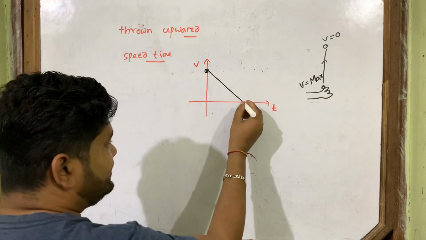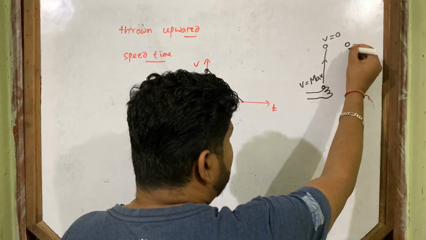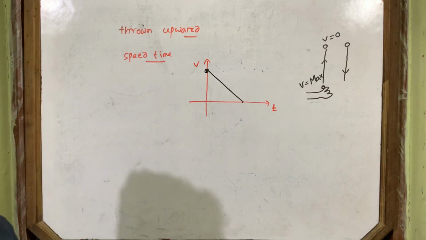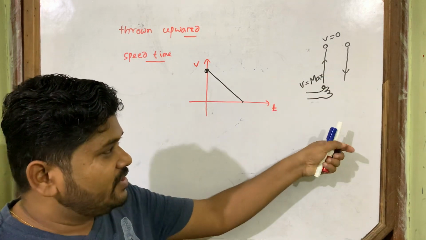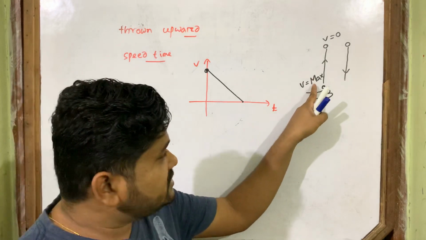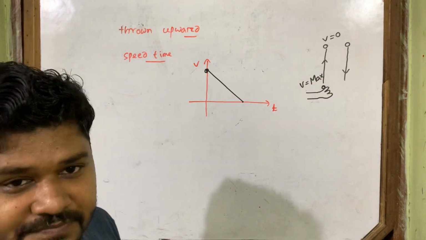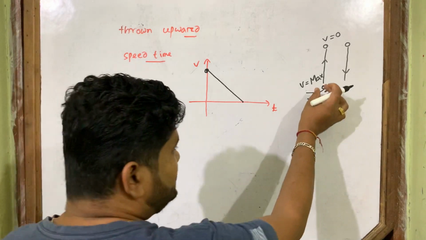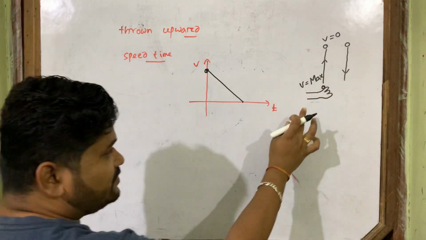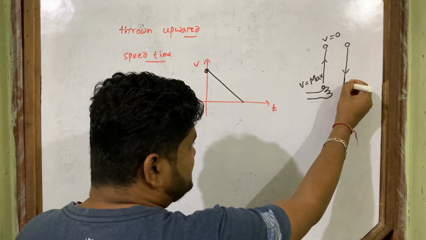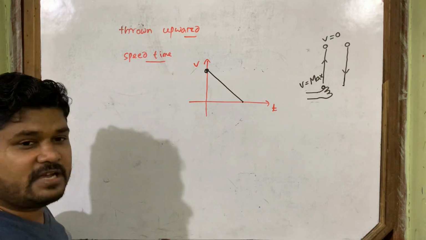After becoming 0, it returns back again to the thrower's hand. With how much speed it goes up, with that much speed it comes down and touches the thrower's hand. The starting speed will match with the final speed.